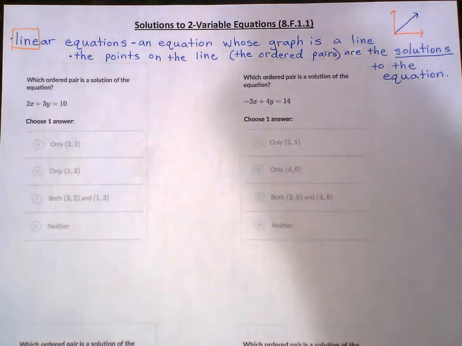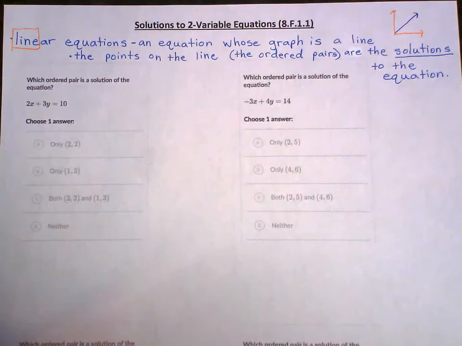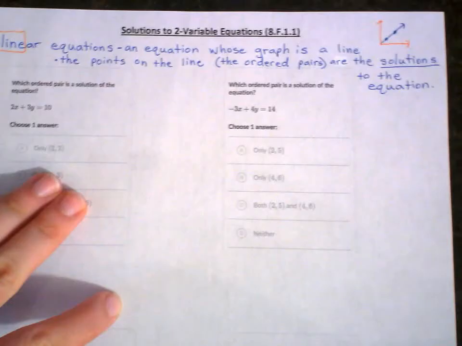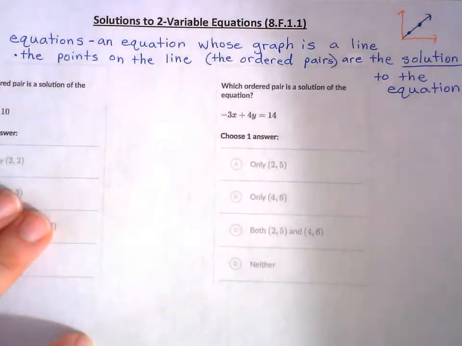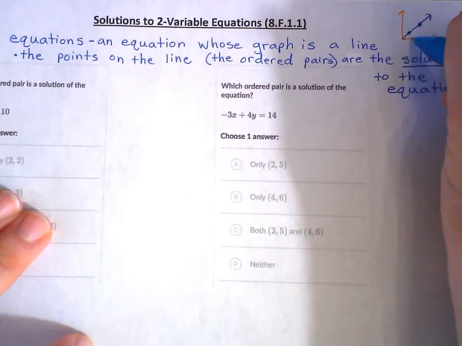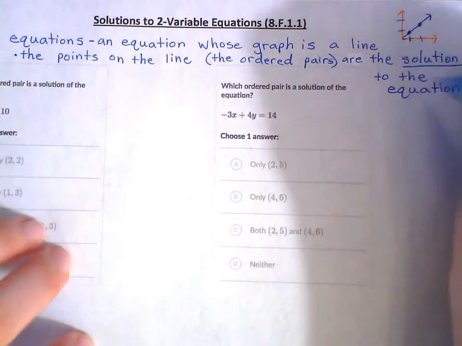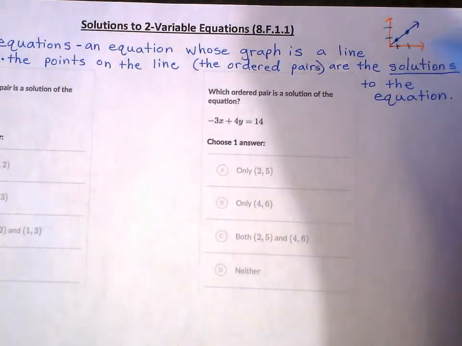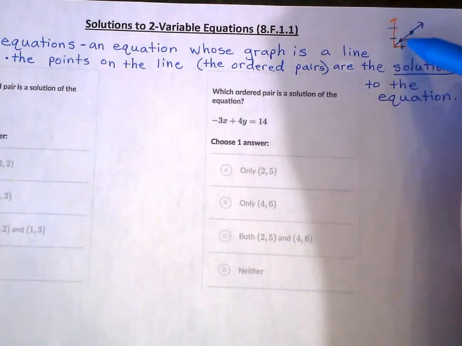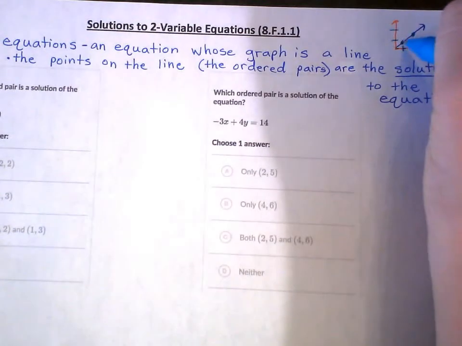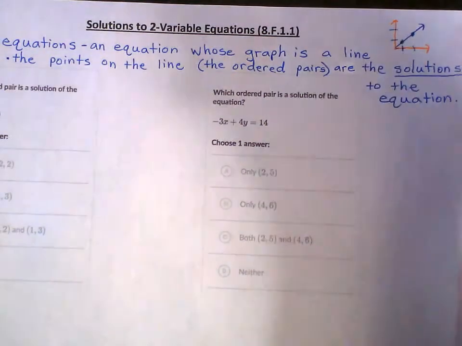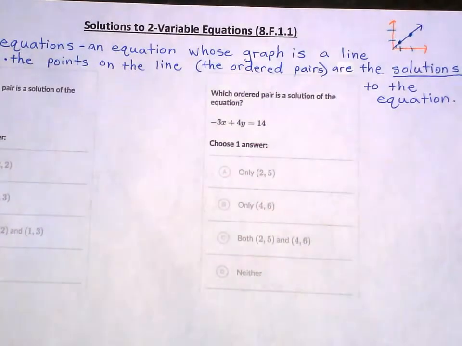Now the points on this line, those ordered pairs, are the solutions to the equation. So if this point was 1, 1, or 2, 2, those ordered pairs are solutions to that equation.